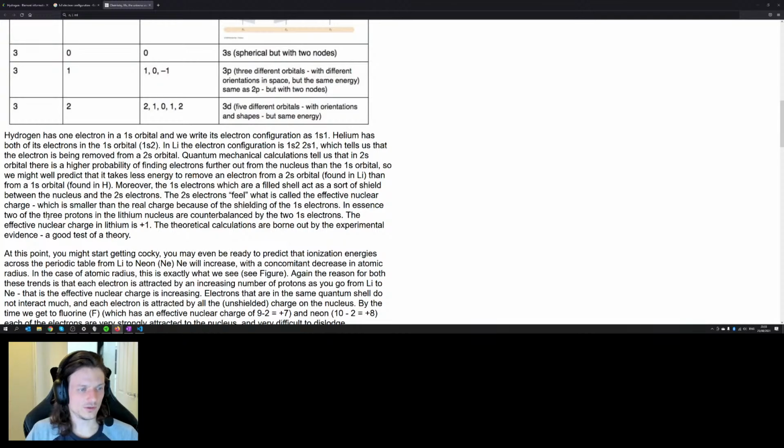In essence, two of the three protons in the lithium nucleus are counterbalanced by the two 1s electrons. The effective nuclear charge in lithium is +1. The theoretical calculations are borne out by the experimental evidence, a good test of a theory. I don't quite gather this. So the 2s electrons feel the effective nuclear charge, which is smaller than the real charge because of the shielding of the 1s electron.